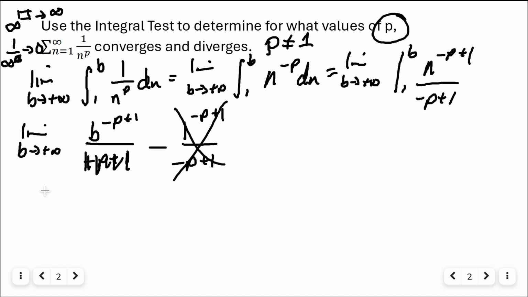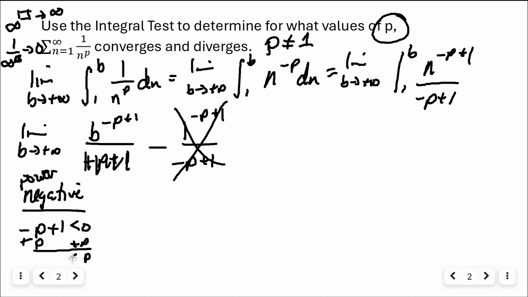For this power to end up being negative, we would need negative p plus 1 to be less than 0. So that would mean if I move the negative p over, p would have to be greater than 1.